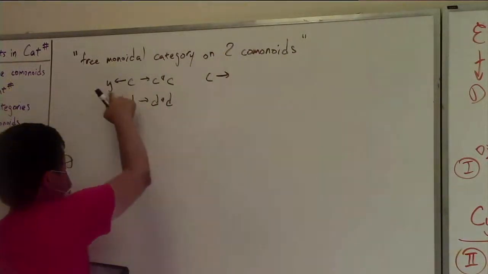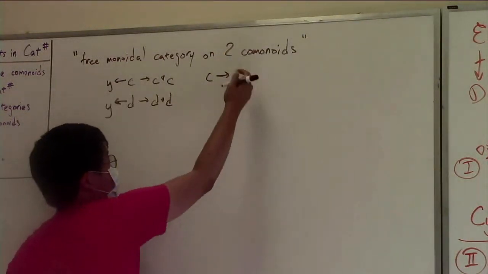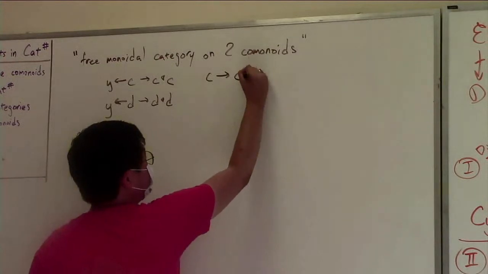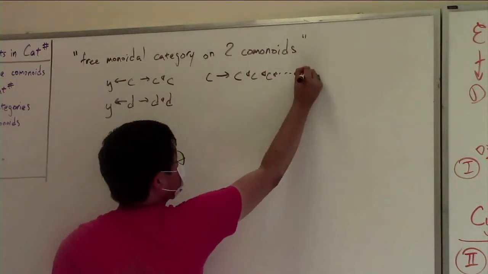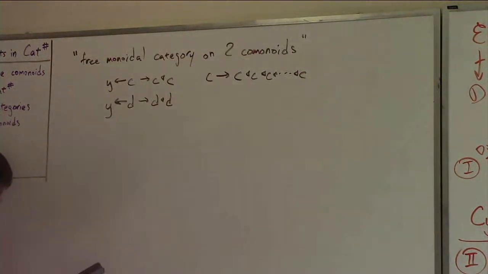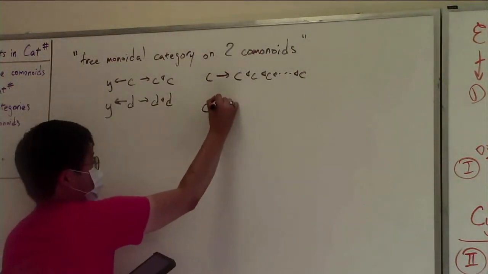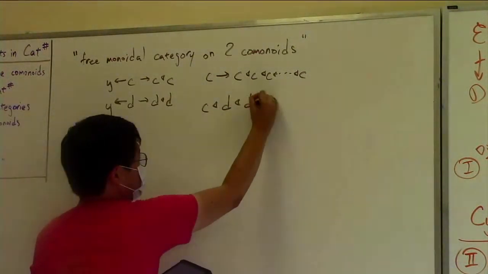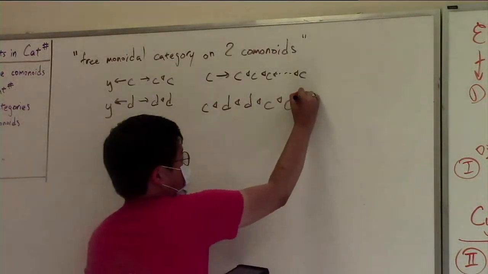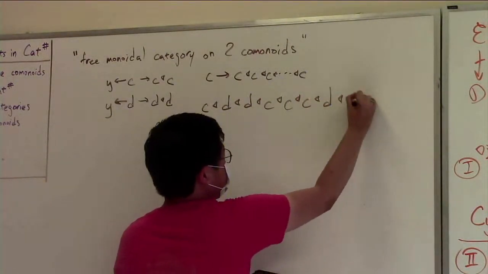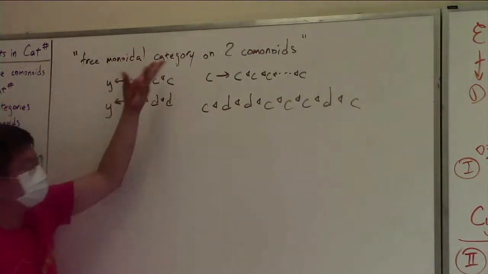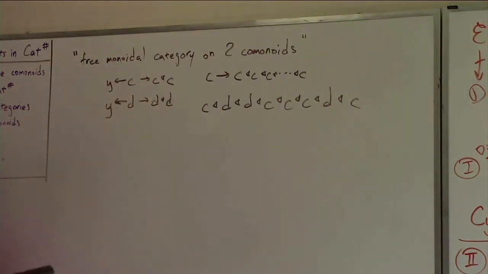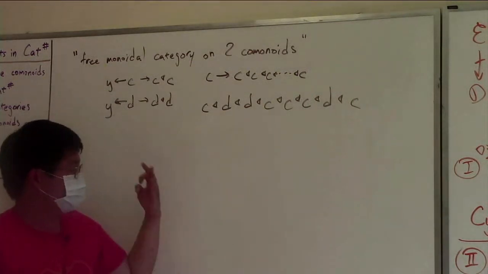Like from C, just from this comonoid, you can go from C to any number of these C's tensored with each other. Same for D. But we should also get objects of the form, maybe C tensor D tensor C, C, C, D, C, something like that. And we should get all of the different ways of tensoring C and D together, and all of the morphisms that this should tell us we should have.